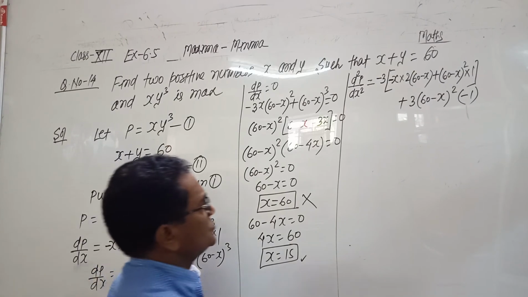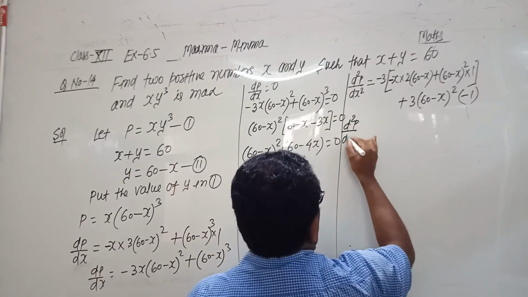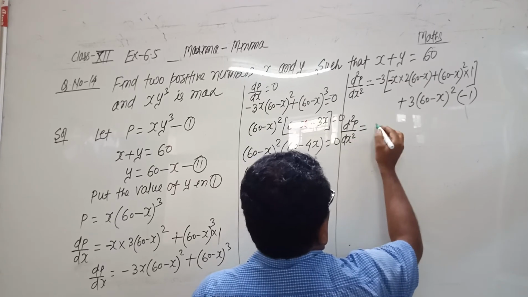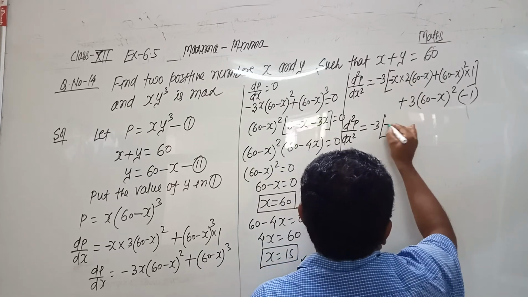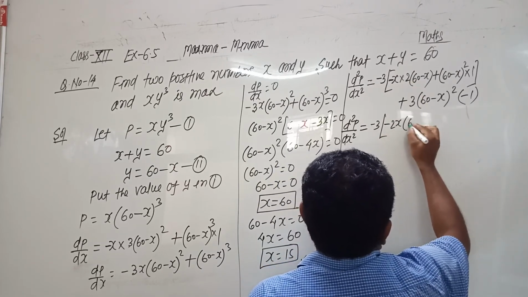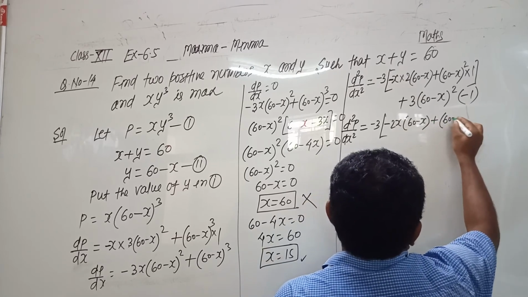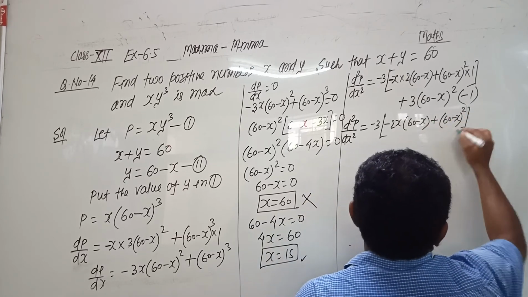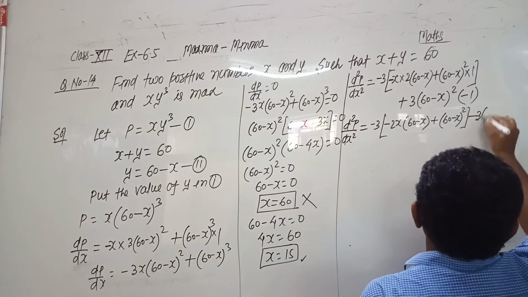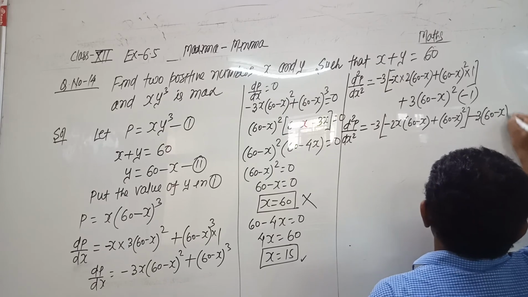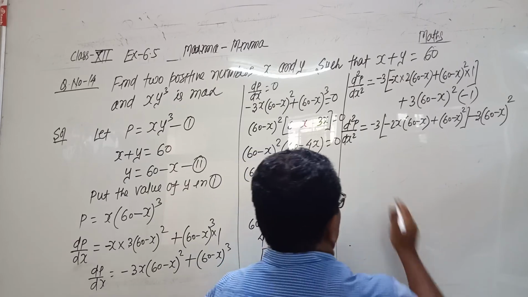Now we solve this. So d²P/dx² comes to be minus 3 and minus of 2x, (60 minus x), plus (60 minus x) whole square, and plus minus minus 3 into (60 minus x) whole square. Now we remove the bracket.